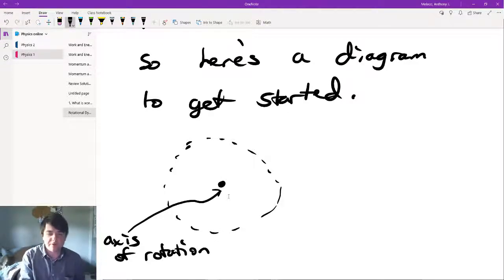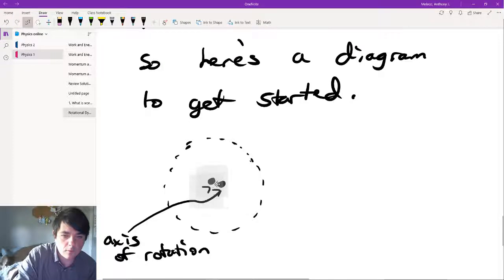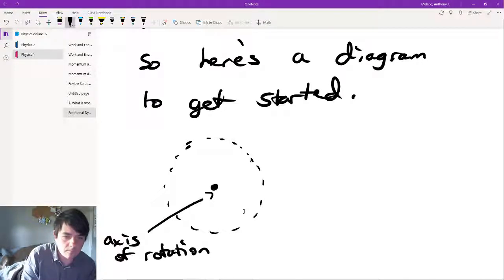I almost kind of want to redo the circle because it's that bad. Okay, that's better. And if I move the axis of rotation, that's a little bit better. And then what we need to do is draw a couple other things.